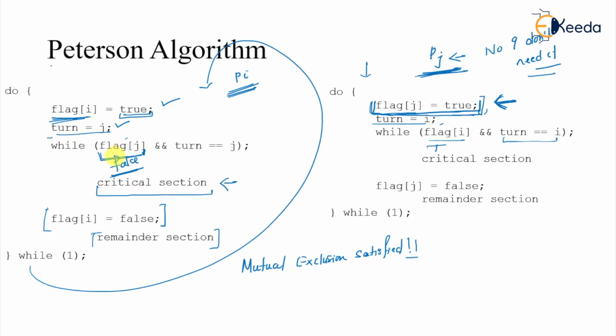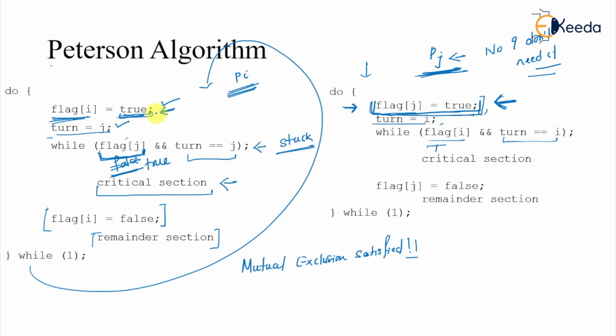Then pi sets its flag to true, and turn is equal to j, and flag j is true in this case, and turn is already set to j. So once it has made the intention by putting flag i to true, the other process will always get stuck in the while loop.